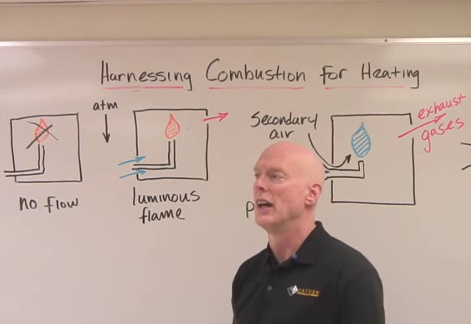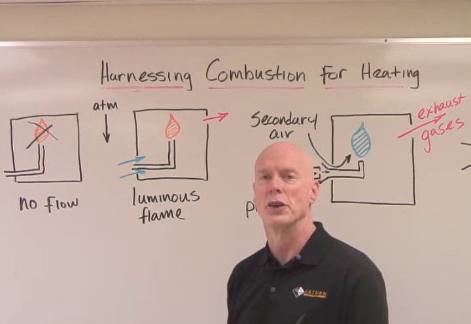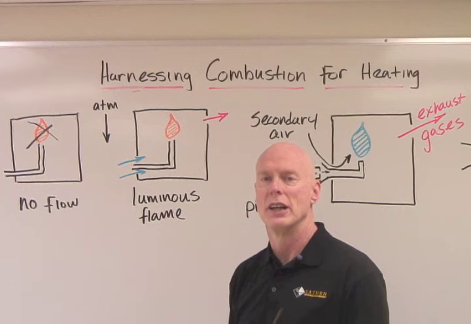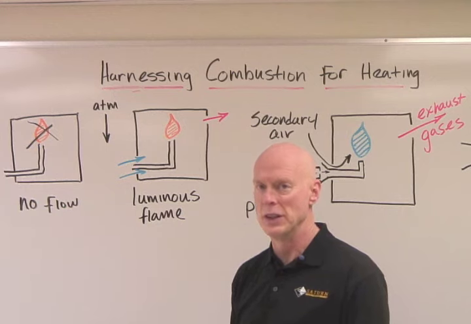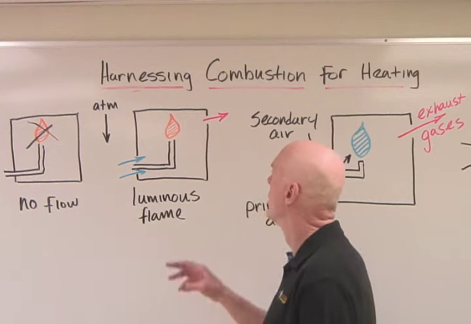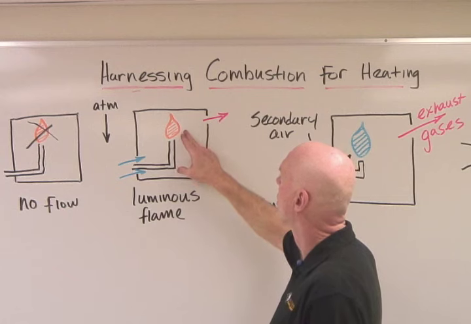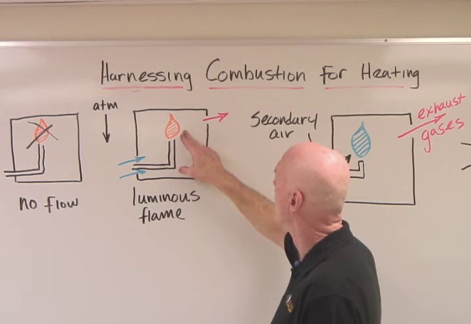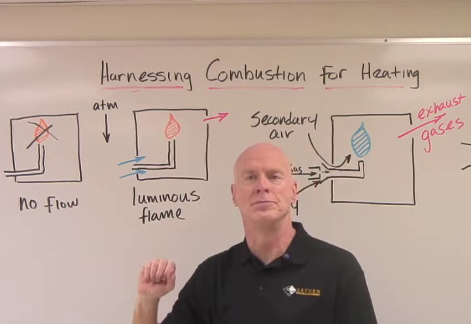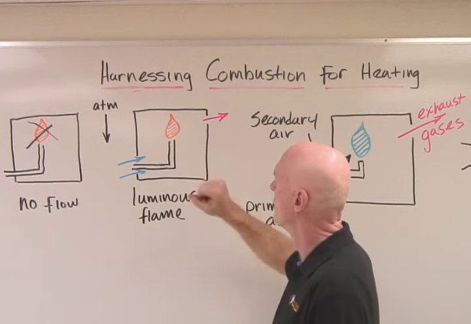And the soot is also a sign that carbon monoxide is being produced. And carbon monoxide, as we know, is the product of incomplete combustion. So we have soot and carbon monoxide happening here because the flame is not a blue flame. The flame is a luminous flame.